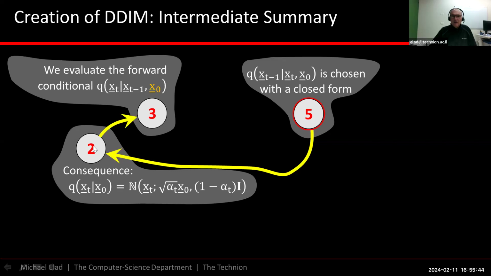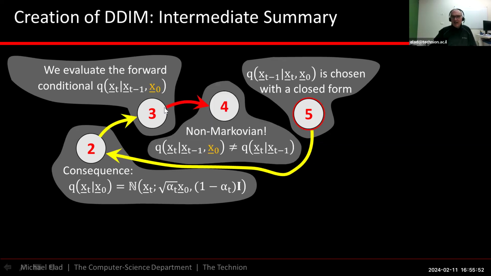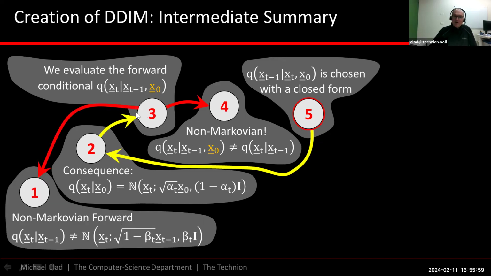We saw that we can compute the reverse of this, which is the forward, with x0 as known. But unfortunately, you cannot remove x0. It's here to stay. It's not Markovian. And this is applicable also for step 1. It's not Markovian. And we don't care. It's nothing that we are to be worried about. And the question is, how do you proceed now? And the answer is almost the same. Here is what you do.